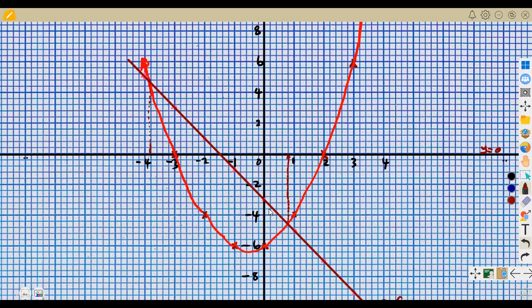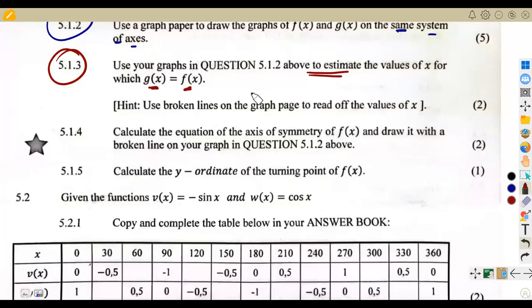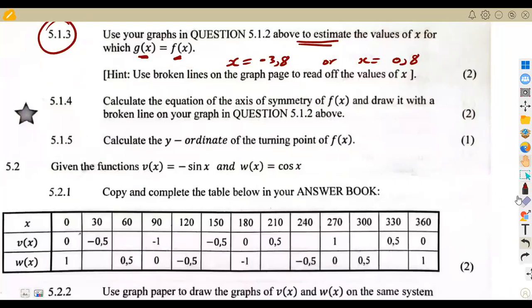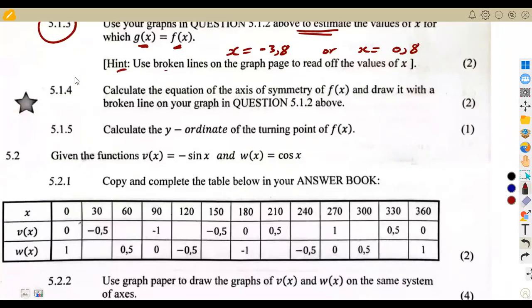It's an estimate value, because remember, our graphs are not as smooth as they're supposed to be. So according to our estimate, it's going to be somewhere around negative 3,8, and the other x value somewhere around 0,8 or 0,75. All right, so that was the hint to use the broken line, which is what we did.